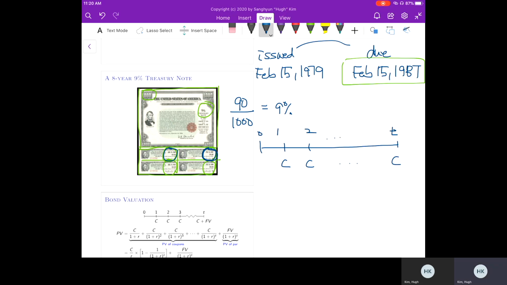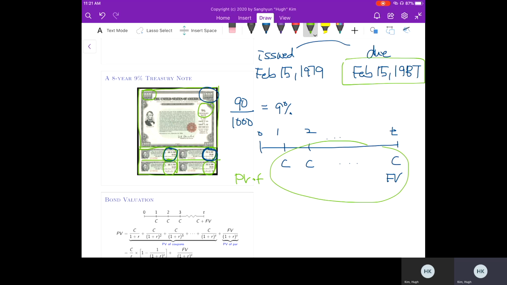Also, at the end of the term, the bond pays the principal, or the face value, also called par value. So the value of a bond is simply the present value of all the cash flows.